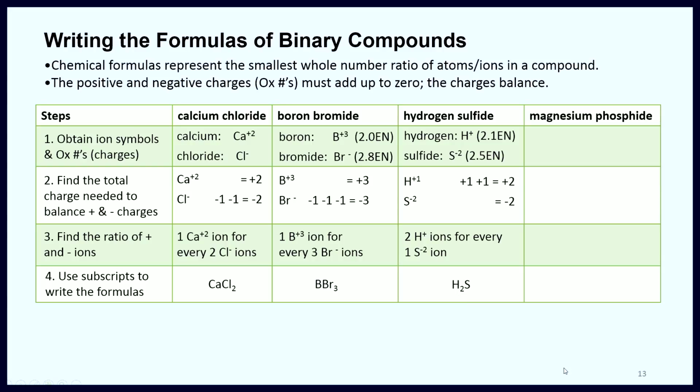In the last example, we have magnesium phosphide. Magnesium is in group 2A, hence its charge is only ever +2. Phosphorus is in group 5A, and therefore its anion would gain 3 electrons to become like a group 8A anion. Phosphide has to be -3. In this case, we can't directly balance charge. We have an odd number and an even number.